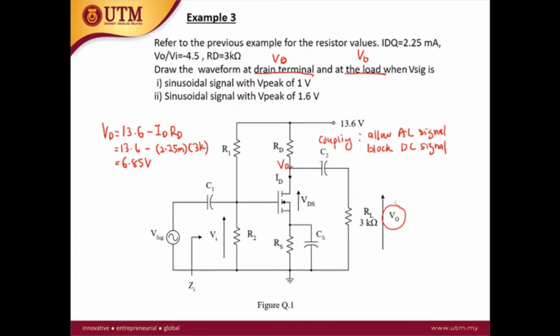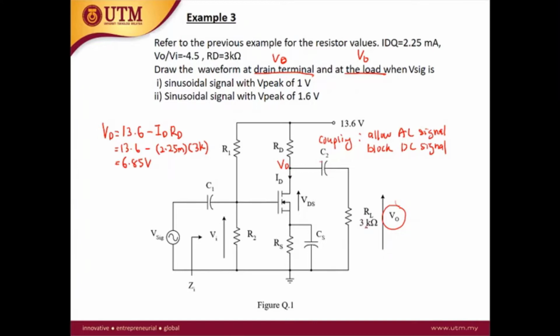The waveform at the drain terminal is before the coupling capacitor, so you will have the combination of the DC signal plus AC signal. But the coupling capacitor blocks the DC signal, so what appears across the RL is only the AC signal.